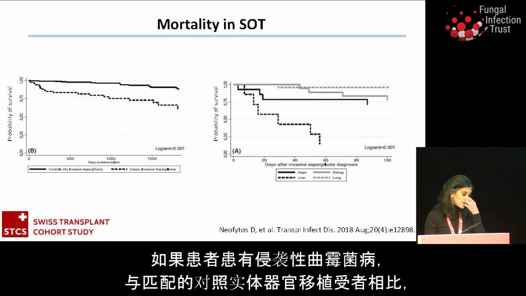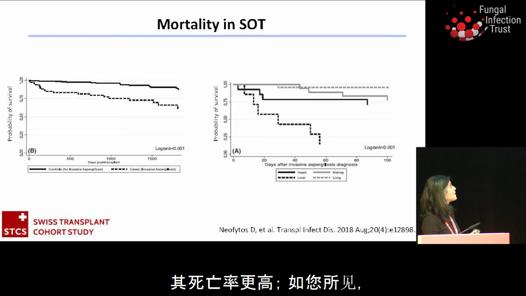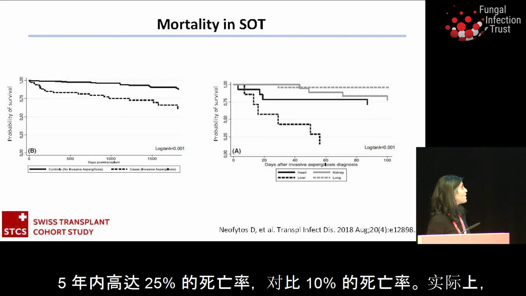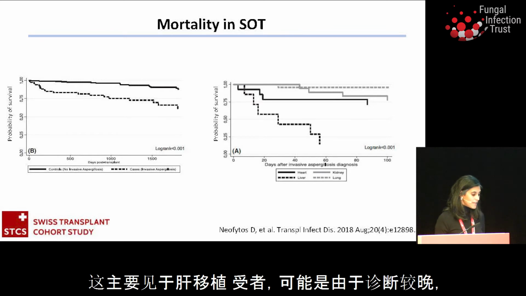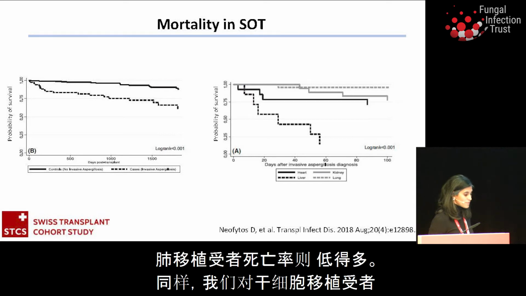And the mortality compared to matched control solid organ transplant recipients was higher if the patient had experienced invasive aspergillosis. As you can see here, up to 25% mortality compared to 10% mortality over 5 years. And this was mainly seen in liver transplant recipients, probably due to the late diagnosis, and much lower in the lung transplant recipients.